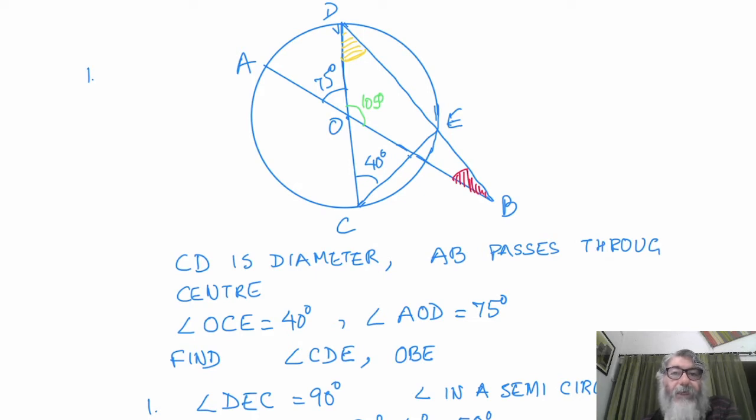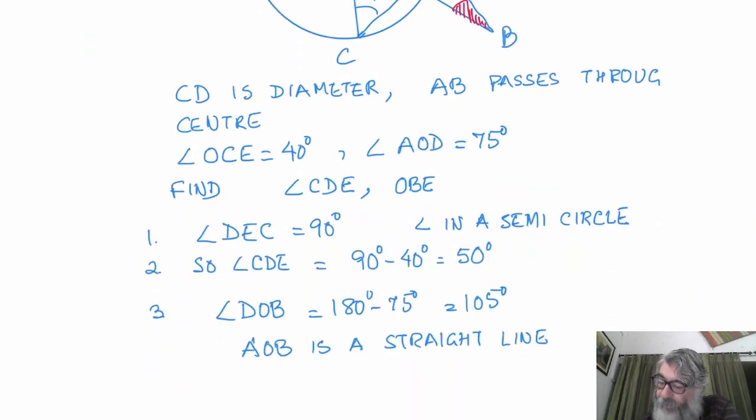So in triangle ODB, what are we going to calculate?